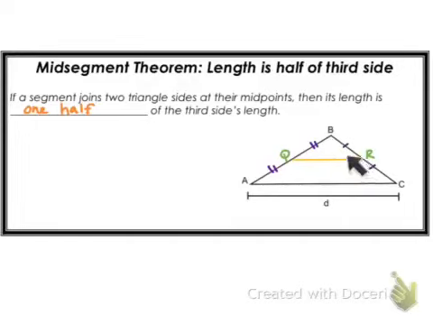Not only is QR going to be parallel to the third side, but the length of QR is half the distance of the third side. So if AC was 12, QR would be 6. So we can say QR is equal to one half of AC.